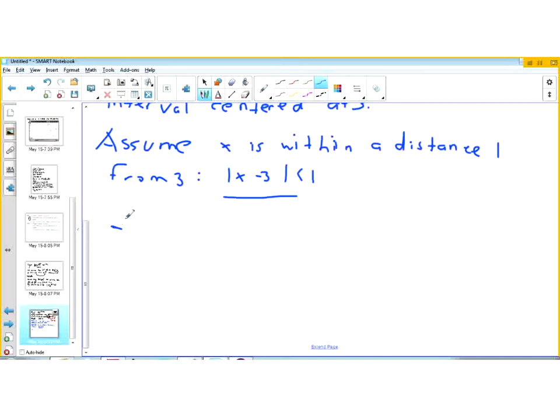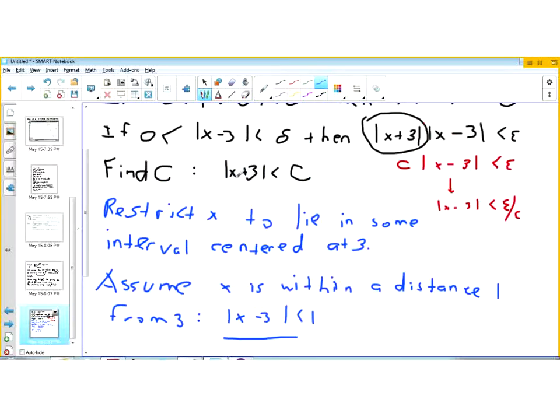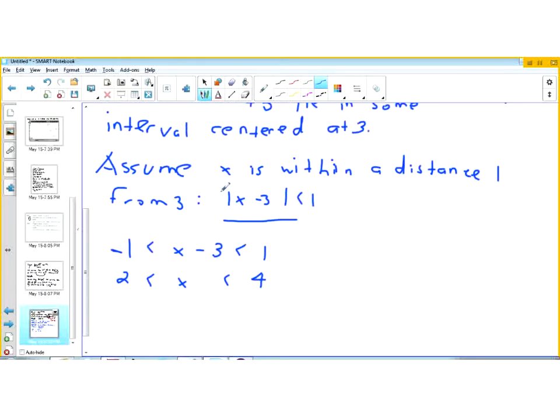Well, we have this inequality, so we'll use the content from Lecture 1. By the definition of absolute value being less than the number, we get this result. We know this from algebra. Now, if I add 3 to all sides of the inequality, remember, I'm trying to calculate C, so I'll have 2 is less than x, which is less than 4.